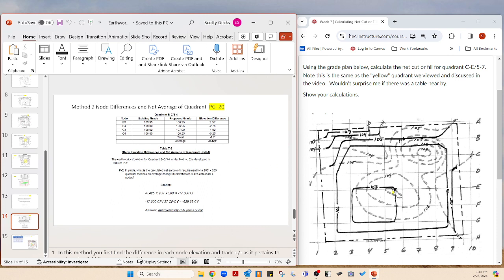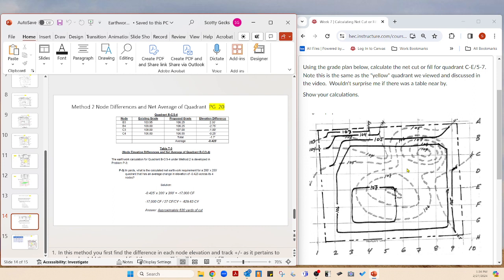So you have width in your quadrant. I'm back over here on our problem now. Your width is from E5 to E7, and your length is from E7 to C7. So that's length times width. That gives you your area.